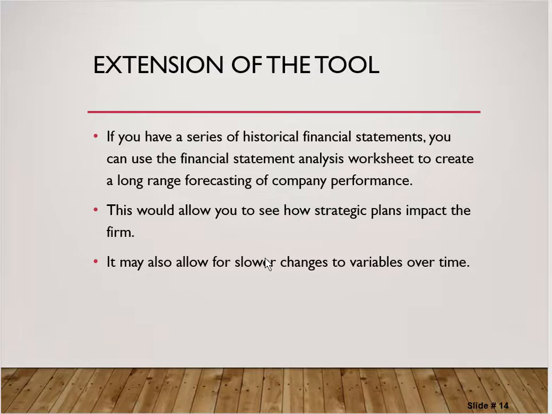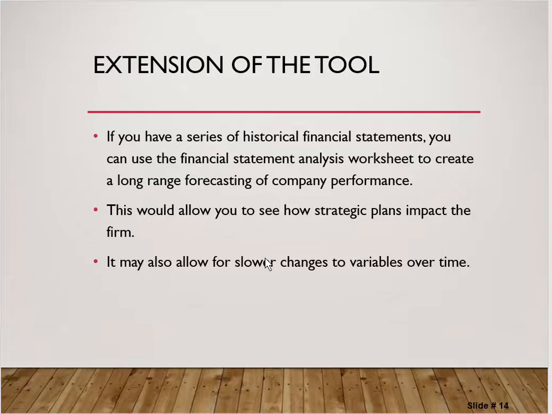So there is an extension of this tool. If you have a series of historical financial statements, you can use the financial statement analysis worksheet that I've provided to create a long-range forecasting of company performance. This allows you to really see how strategic plans impact the firm.